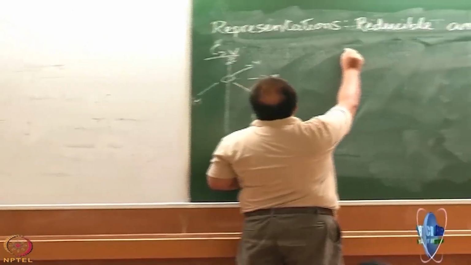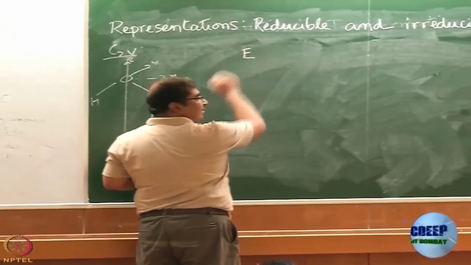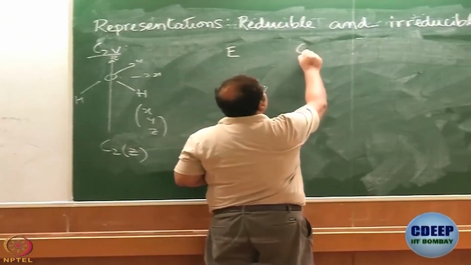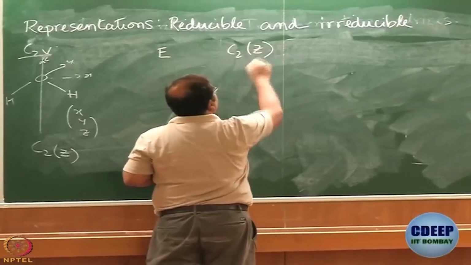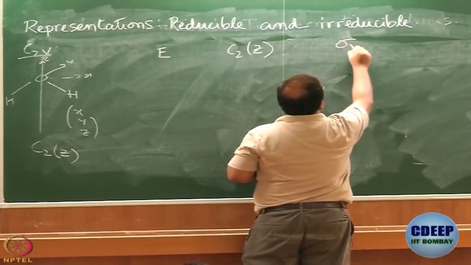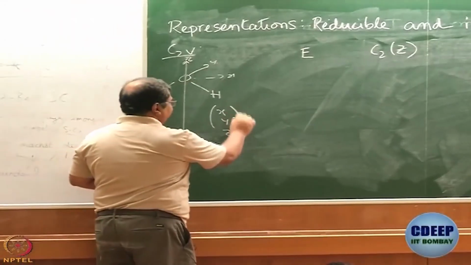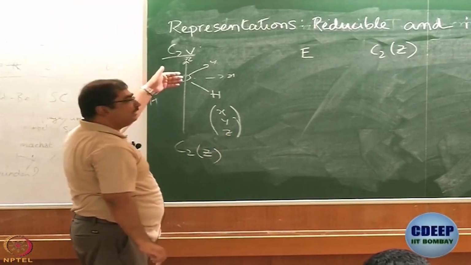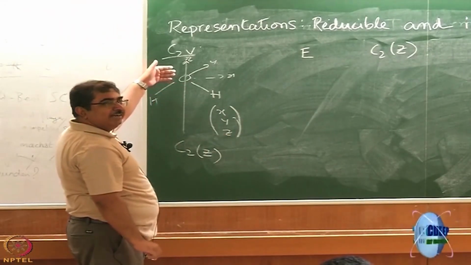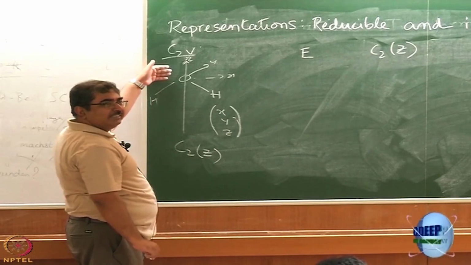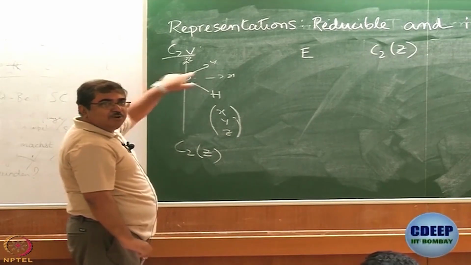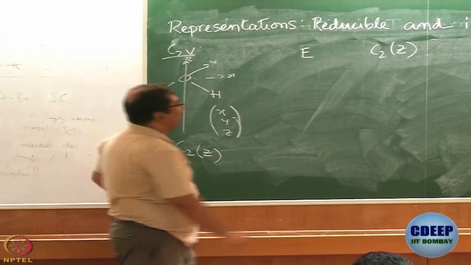What are the operations that are there? E, C2 (which is Z), sigma v. The way I have drawn it, which one is sigma v? The molecular plane is the ZX plane, right? So, sigma v is ZX. The X axis is on the board, the Y axis is perpendicular to the board.